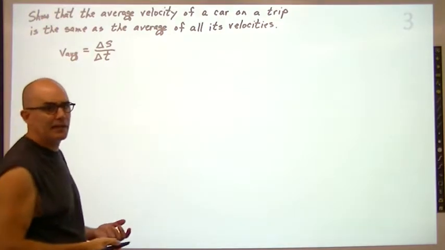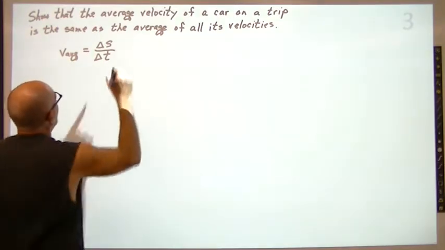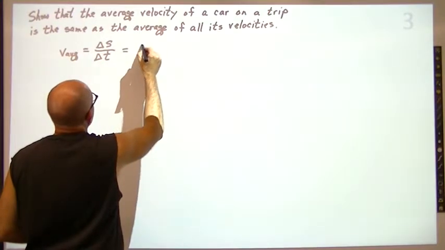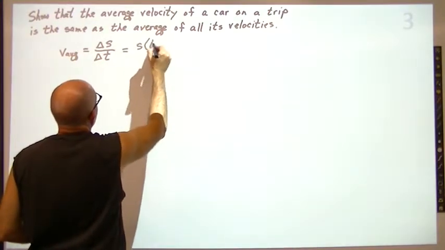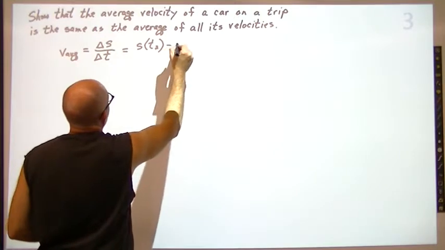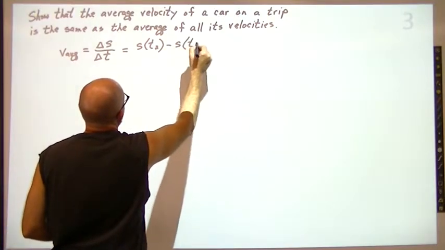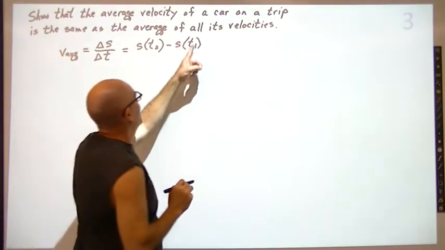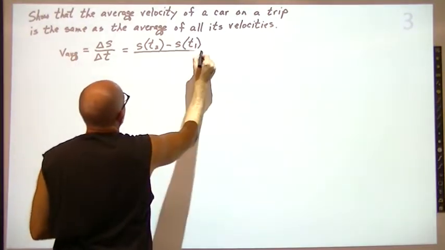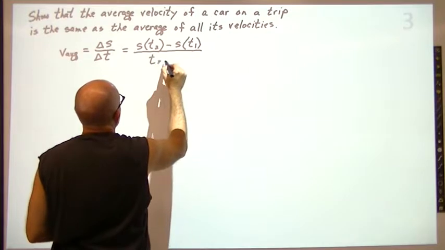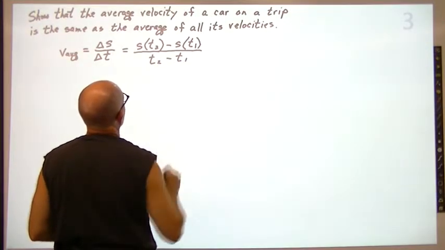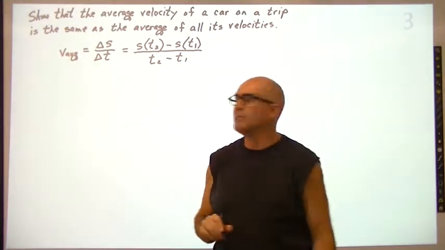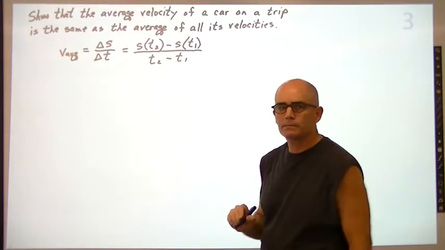That's average velocity. Now, what that means is we're going to say it's s at time 2 minus s at time 1. So it's the position at time 2 minus the position at time 1 divided by time 2 minus time 1. That's my average velocity, and we were doing that back in Algebra 1.